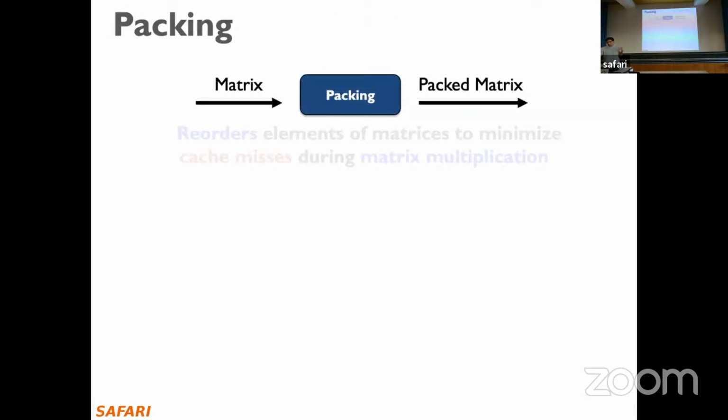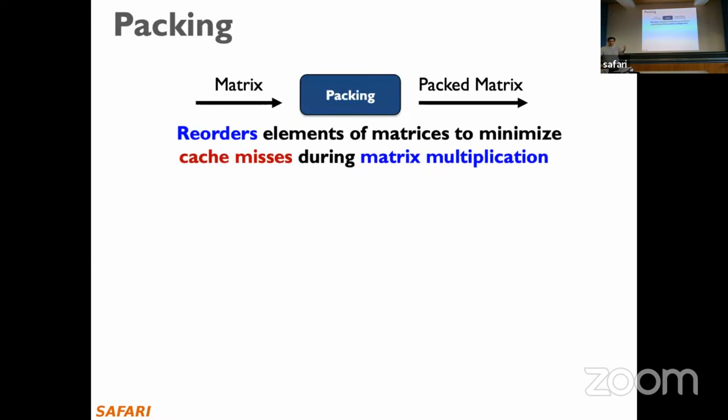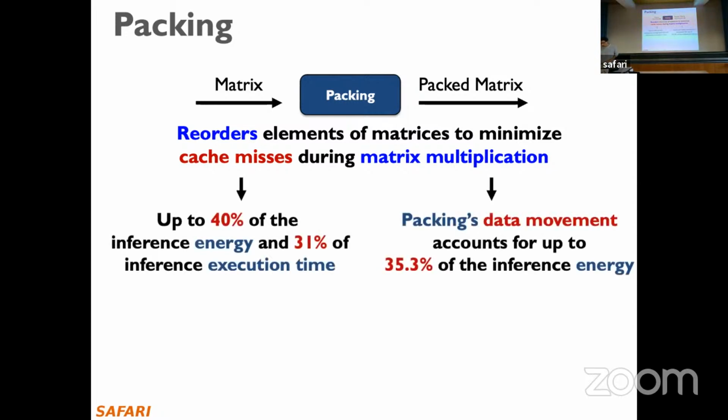Why is that? Because in packing, what we are doing is taking a whole matrix and preparing it, reordering the elements, changing the way these elements are stored in memory in order to later minimize cache misses during matrix multiplication. So it's a pre-processing step before the matrix multiplication that is typically executed in layers of a neural network, as you already know.